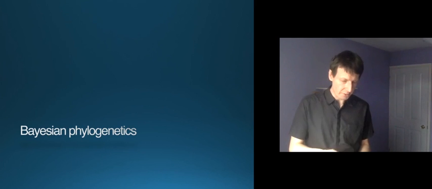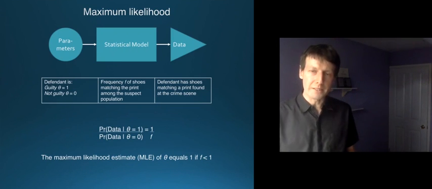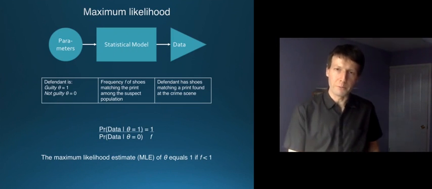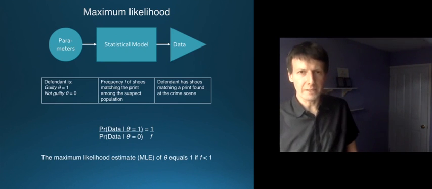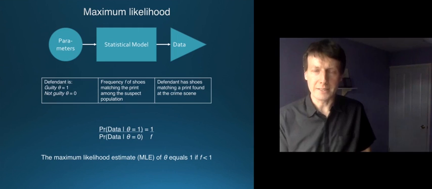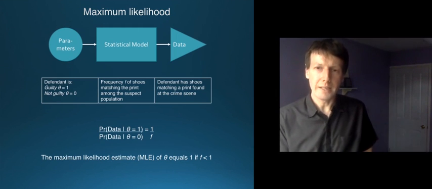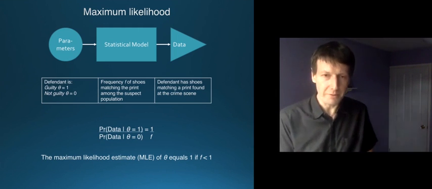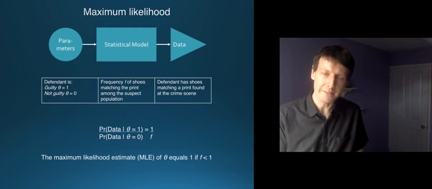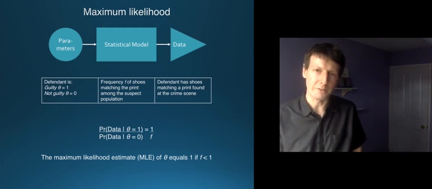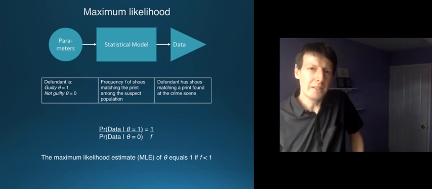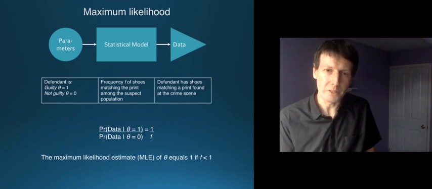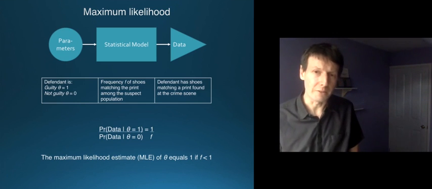So now I need to explain to you what Bayesian phylogenetics is. And to do that, I'm going to come back to this court case example with which I explain the principles of maximum likelihood. So the ingredients of a maximum likelihood method are parameters, a statistical model and data. In our particular case, the parameter of interest was whether the defendant was guilty, theta equals 1, or not guilty, theta equals 0. Obviously, that's just a formal device. We could call them whatever we want and give them whatever numbers. It's just a binary outcome.